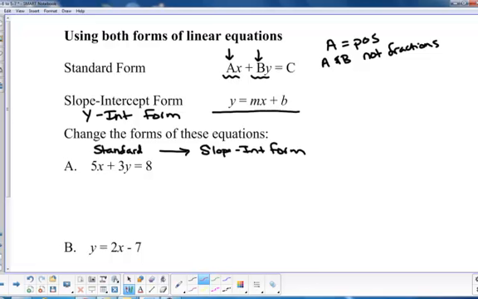So slope-intercept form means you're going to solve for y. So we're going to subtract 5x. So 3y equals negative 5x plus 8. And then we're going to isolate the y completely by dividing by 3. So y equals negative 5/3 x plus 8/3.